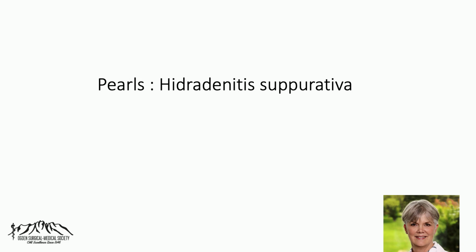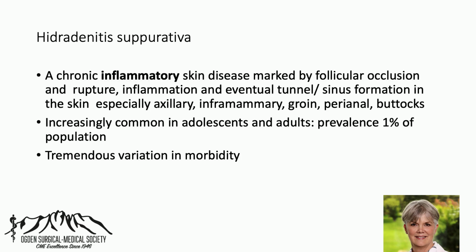Okay, I know you see hidradenitis suppurativa because this condition is now increasingly prevalent, perhaps mimicking the obesity epidemic. We don't really know. But hidradenitis suppurativa, I want to teach you, is a chronic inflammatory, not infectious disease.